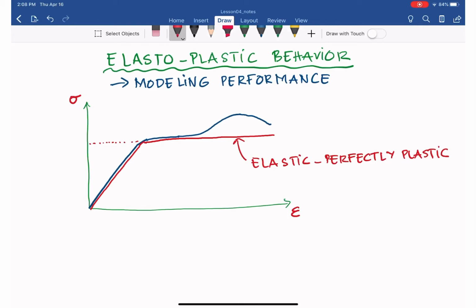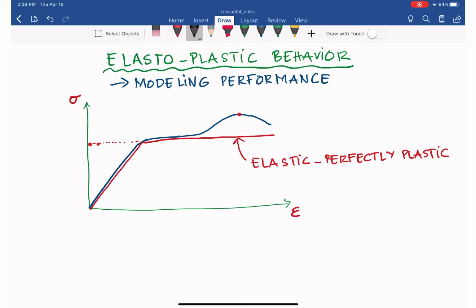As you can see, with that we are more conservative with regard to stress, because the red line is below the actual performance of the material. The sigma ultimate goes up here, while we only have the point there. So it's more conservative, and that's good for our design because it adds an additional factor of safety.